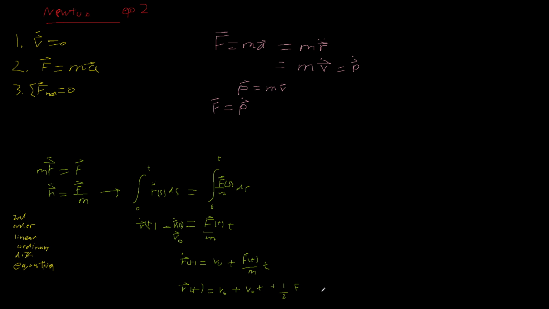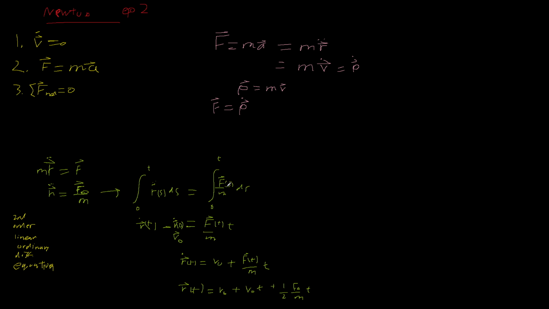And I'm actually going to use F naught over m times t. It's better to do that because here we're going to be assuming we know some force, right? We know the force on this object is constant, right? Moving up, this is no longer going to be that.